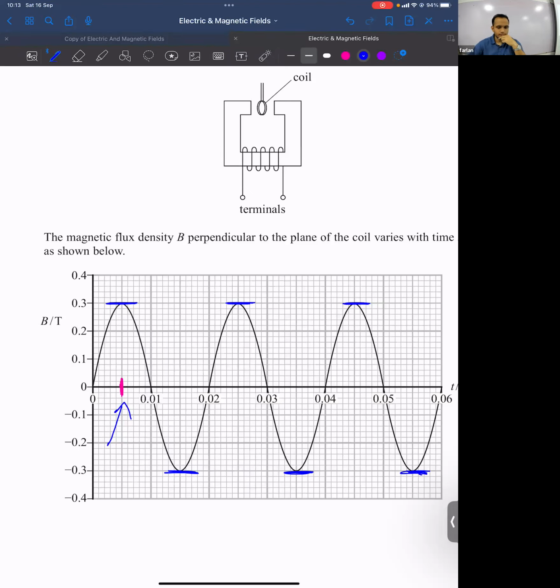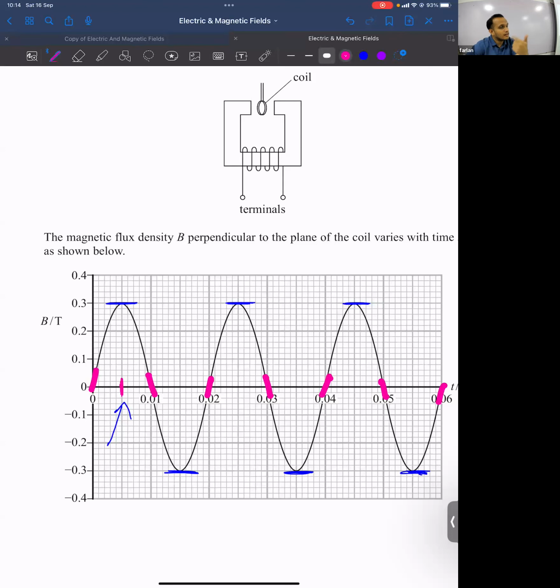Okay. Do you understand what I'm saying? Magnetic flux density is maximum, agreed. But the rate of change of magnetic flux density is 0. On the other hand, if you look at these times, this one, this one, this one, at these points, the magnetic flux density is 0.